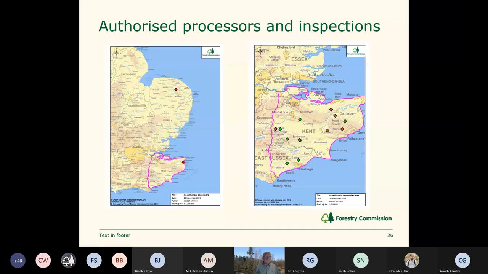So it's a sort of end-to-end control we have. Any material entering that site we know will either leave the site entirely bark-free as sawn and possibly treated material, or any co-product will be burnt in the biomass boiler there.